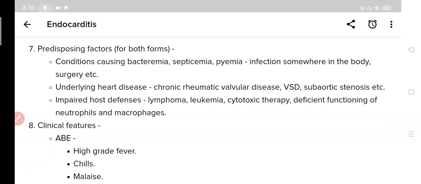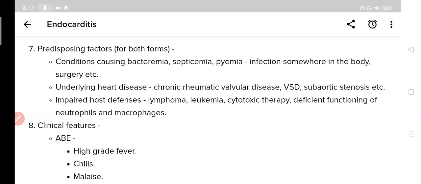That means septicemia is a proper infection of the blood. In bacteremia, only some bacteria are present in the blood and they are removed by the body's natural defense, but in septicemia they are replicating and increasing in number. It is basically a blood infection, also called blood poisoning. And the third one is pyemia.